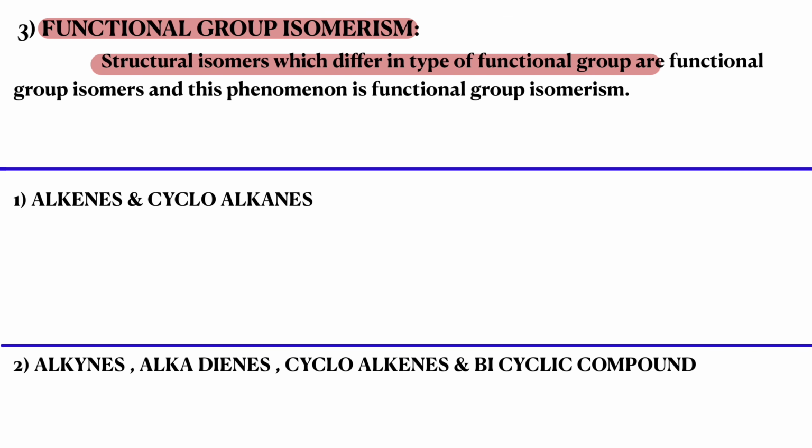If you take some examples here, alkenes and cycloalkanes. For example, here I am taking C4H8, degree of unsaturation is 1. When degree of unsaturation is 1 and it is a hydrocarbon, I am writing one structure, that is a butene, an open chain compound, and with the same molecular formula I am writing a different structure.